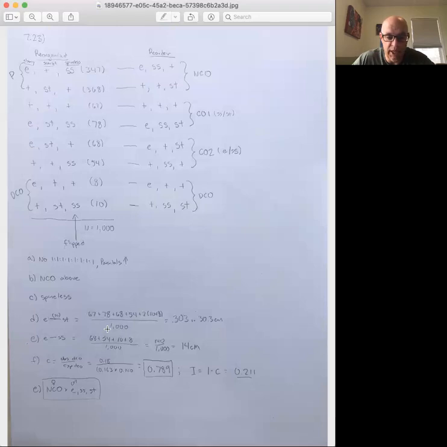Question E, between E and SS, we want to count the crossing over events that occur between E and SS. So here, E and SS, we see that it is these. Here's a CO2, the second crossing over. So here, it's E and SS, 68 of them. E and SS, the crossing over event occurred between here to produce that.